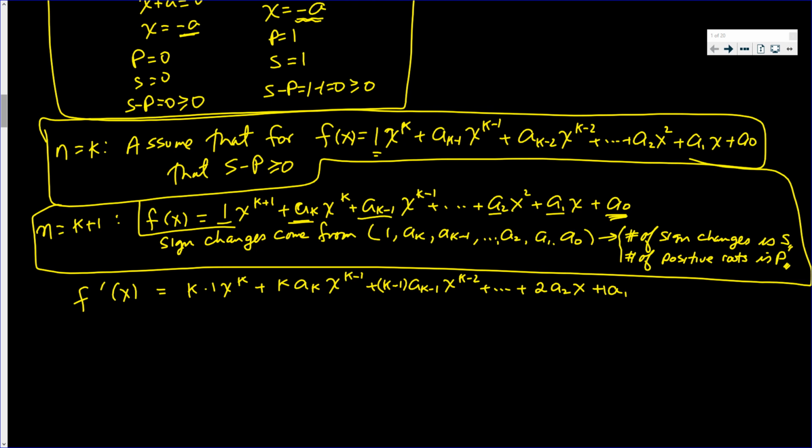Now, how many sign changes does this polynomial have? Now remember, this is a polynomial. That means that all of these powers, which I brought down in front, they're positive. I mean, you can argue this one is 0, but then again, I don't have it down here. That is no longer there when it comes to the derivative.